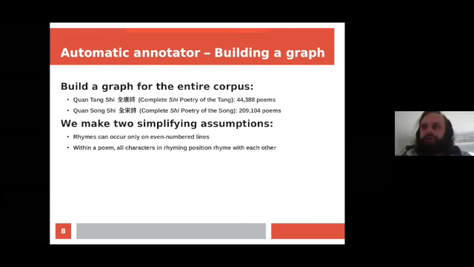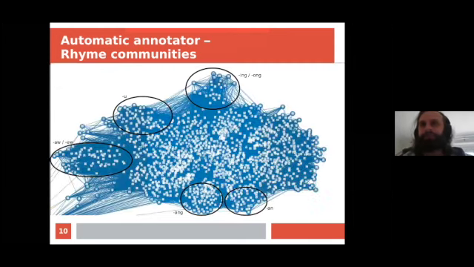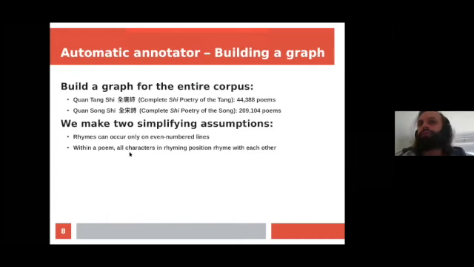The community detection algorithm is able to sustain a certain amount of noise and say, I have seen contact between this character and that character, but not often enough to be sure that they rhyme together. There is enough material for which the assumption is correct, so the noise is limited. That makes the community detection still work. That's the second simplifying assumption.